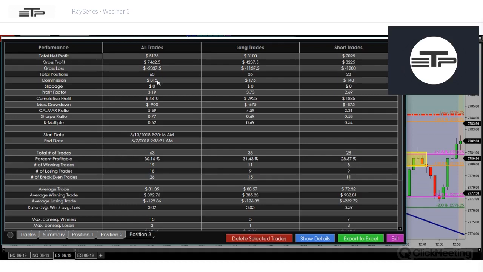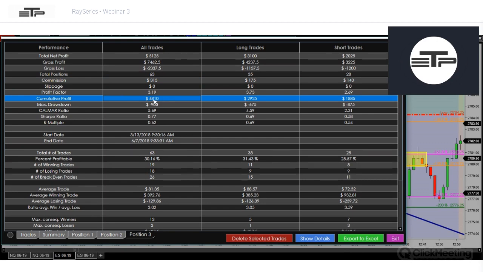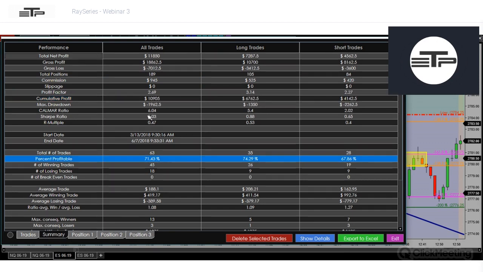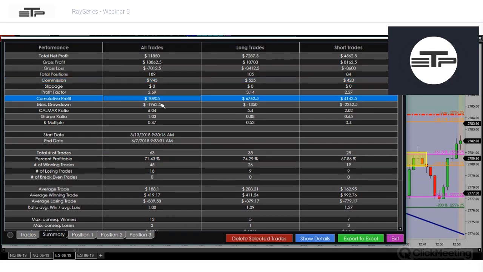And this is after $5 commissions per trade. So after $5 commissions per trade, you're left with $4,800. And in total, you're left with $1,100 by the end of the 3 months.